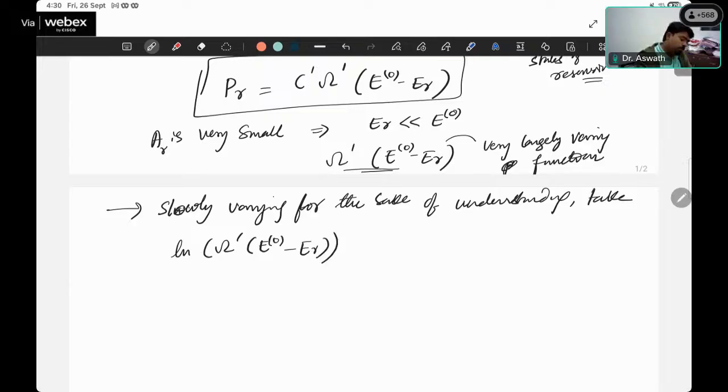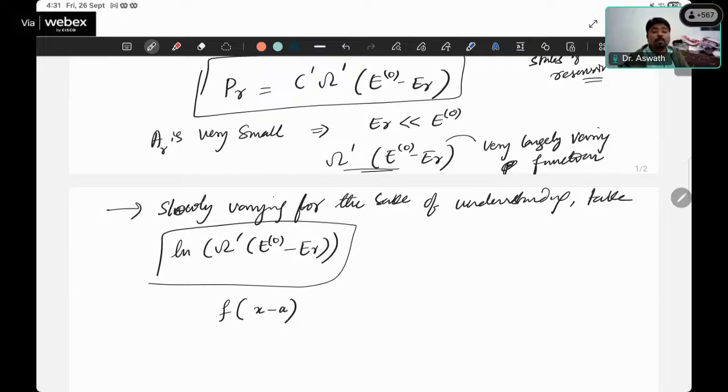Once you do that, it is a slowly varying function. The log of a large number is a very small number, right? Now, if you look carefully, this function is like a function of some x plus or minus some quantity a. About x equal to a, this function is fluctuating.